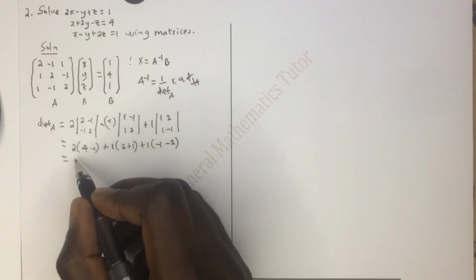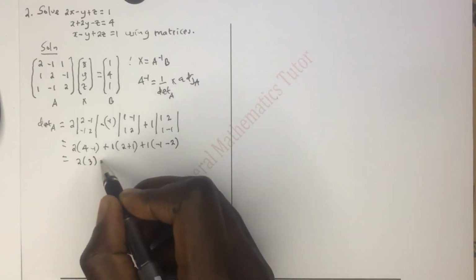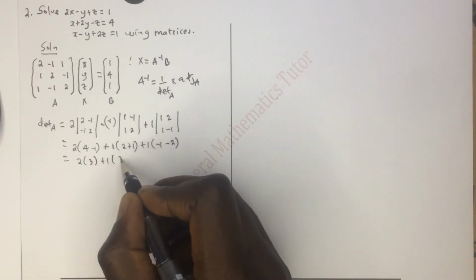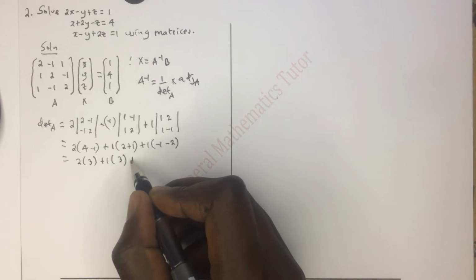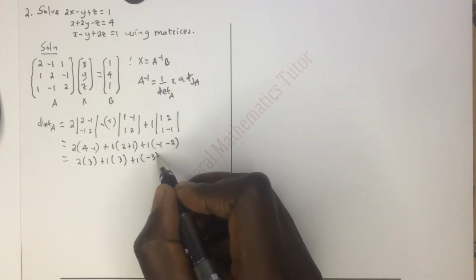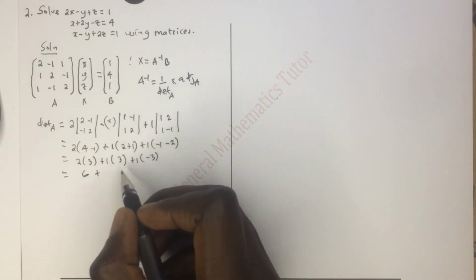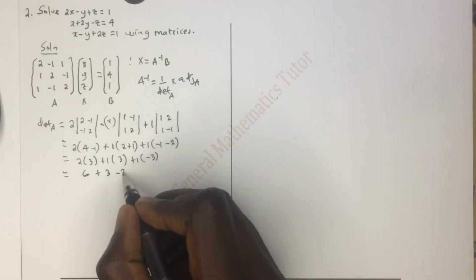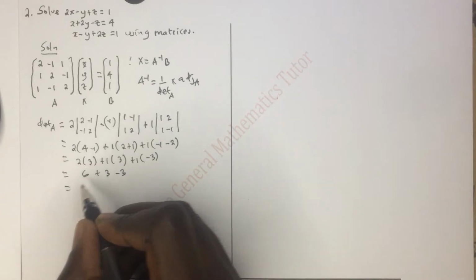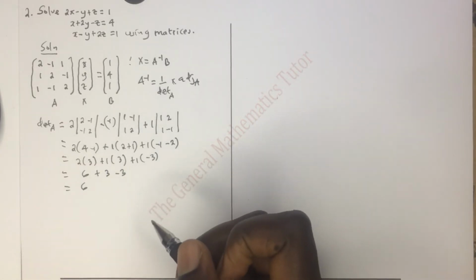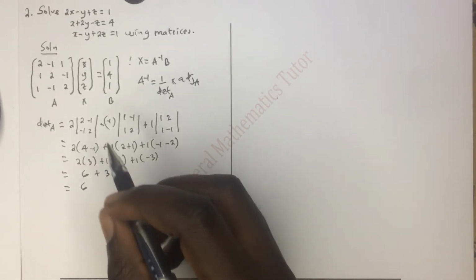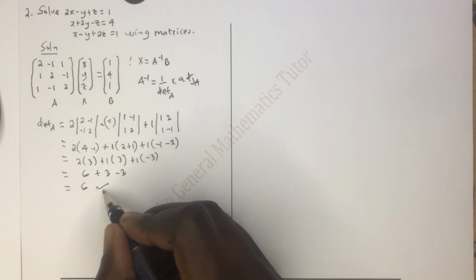So it means here we have 2 into 3, plus 1 into 3, plus 1 into negative 3. So we have 6 plus 3 minus 3, which is just 6. So the determinant of the coefficient matrix is 6.